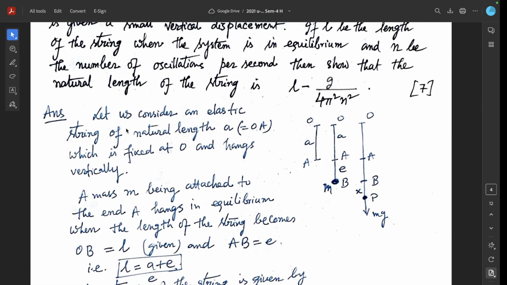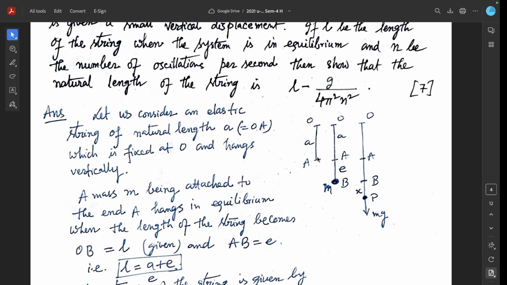Let us consider an elastic string of natural length a, which is fixed at the point O and hangs vertically. And a mass m being attached to the end A hangs in equilibrium in this position.